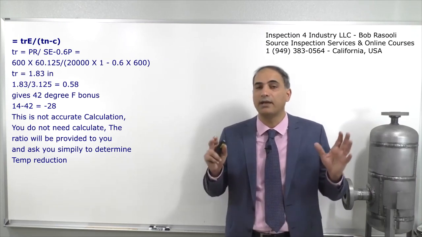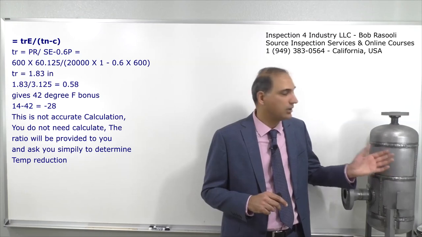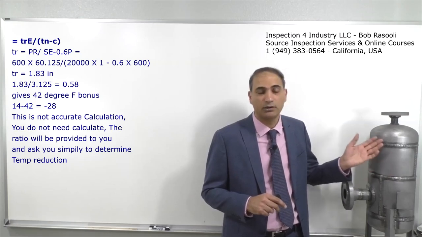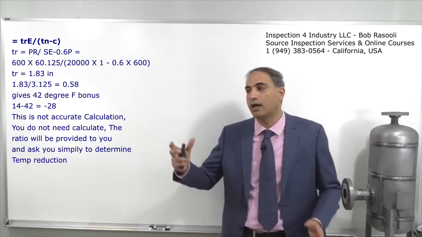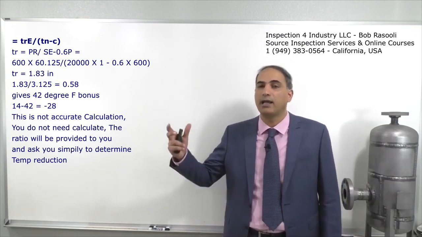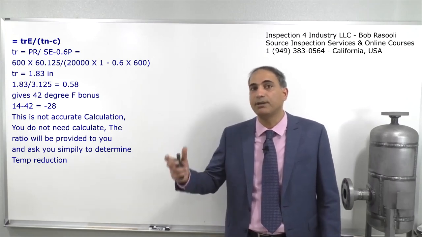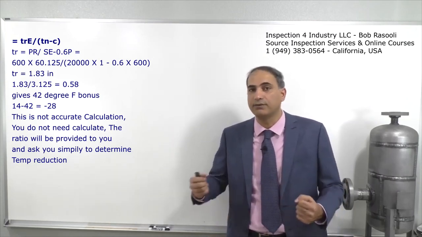You always have an MDMT, which is provided to you by your user for designing a pressure vessel, or you have another MDMT that you always talk about. My MDMT without impact testing is this, so it means this is the lowest temperature that I can have without impact testing.